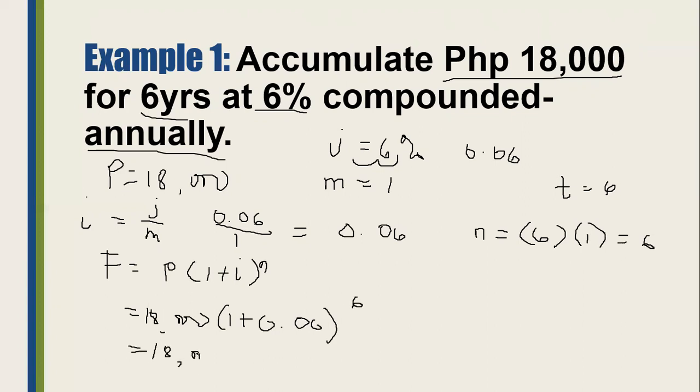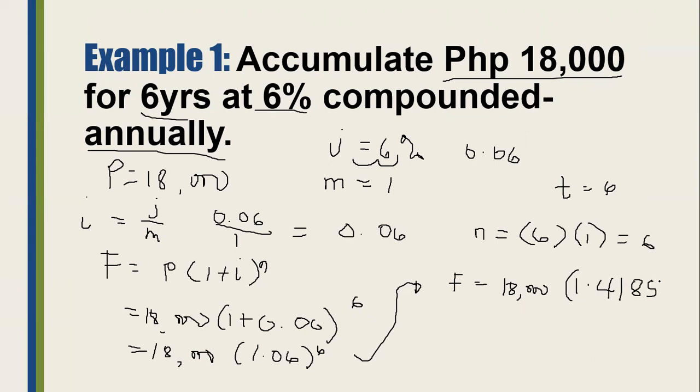18,000 times 1 plus 0.06. So we have 1.06 raised to 6 po yan. So continue po natin dito. F is equals to, raise po muna natin yung nasa parenthesis since we are following the PEMDAS method. 1.06 raised to 6 is 1.418519112.